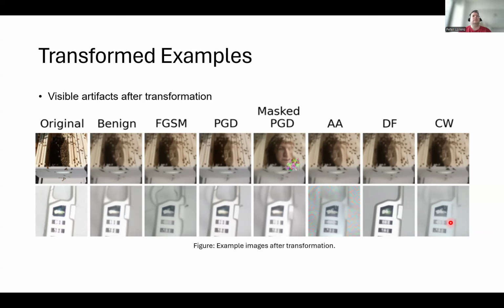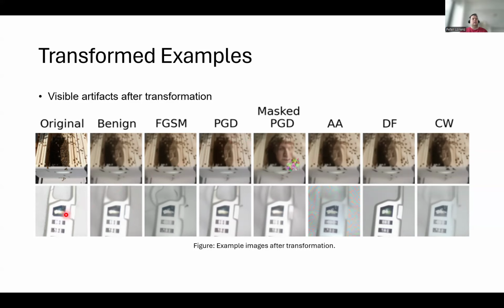In the first row, we have an image of a door of a very old building. It's very interesting that here the benign samples are very smooth, but in the other samples you can see tiny patterns in the image. And even in the masked PGD, we can see the rainbow colors of where the patch was, which was not removed by the transformation. And there's even a face in the door.